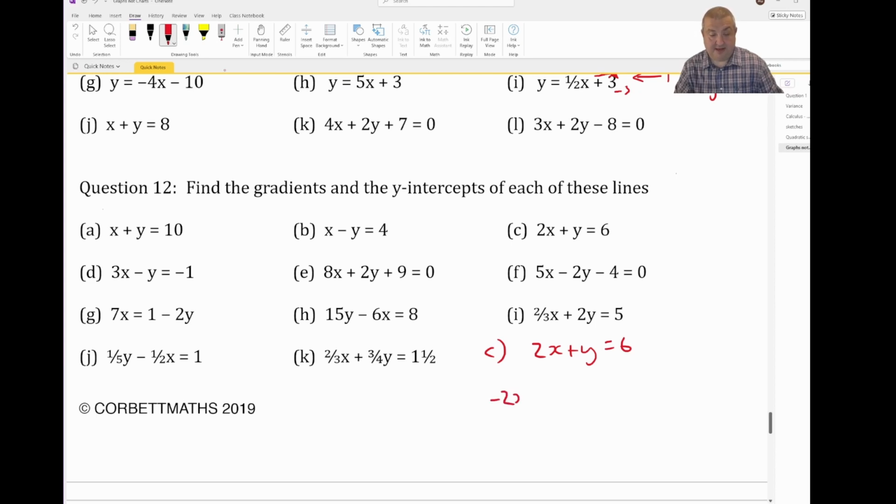So minus 2x on this side, and minus 2x from that side as well. Clearly this cancels out on this side, so we're left with y equals 6 minus 2x.